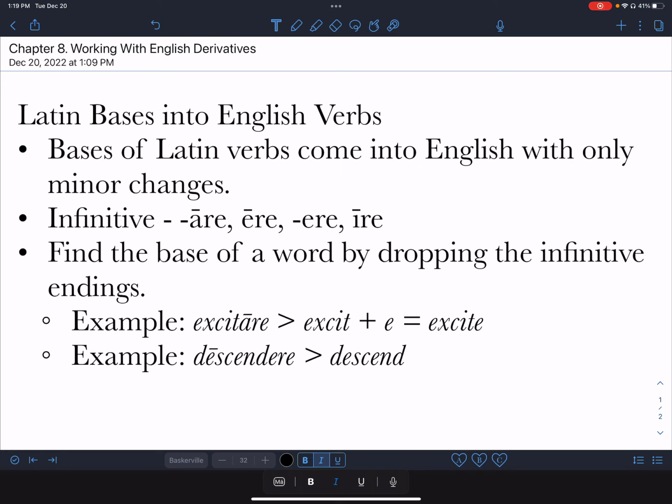Let's do one more example. The first example, you add an E, so there's a slight change. The second example, there's nothing else added, so there's no change. The third example that I'm going to give you, there's going to be a little bit more of a change than you would think. But it still looks to be related, like you'll see the relationship.